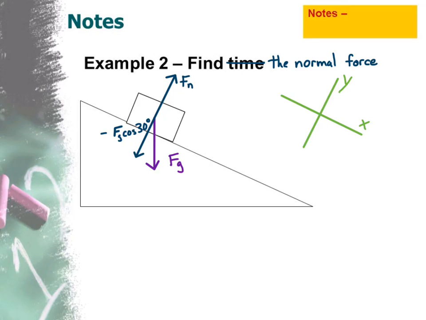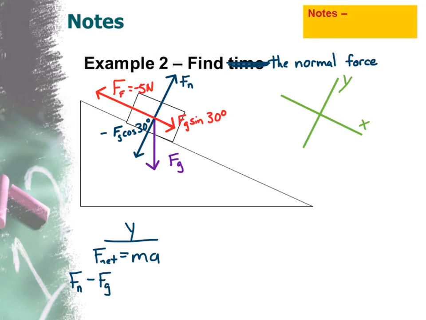And the only other force along the y direction in our rotated coordinate system is the y component of the gravitational force. All of the other forces that we drew are forces in the x direction. So when I go to set up Newton's second law in the y direction, all I have is F sub n minus the y component of gravity, which is negative F_g cosine of 30 degrees.